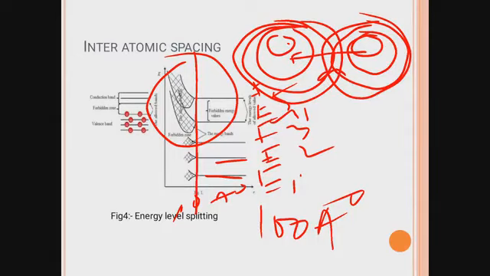If we consider this diagram, we can see before perturbation, or before splitting up, the energy band gap, the band gap means this, suppose this one is the conduction band and this one is the valence band, this difference is very, very large.